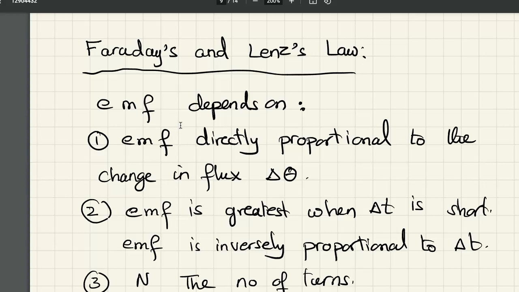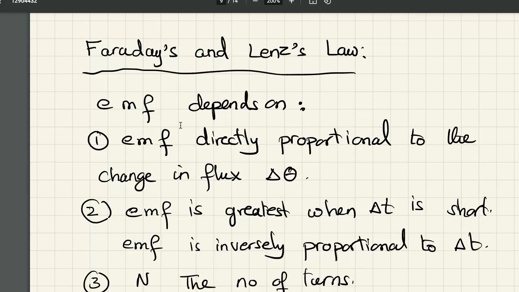Now, that EMF that is going to be induced depends on more than one factor. First, it is directly proportional to the change in the flux. This is not theta, sorry, it should be phi, delta phi. Now, how can we change the flux?